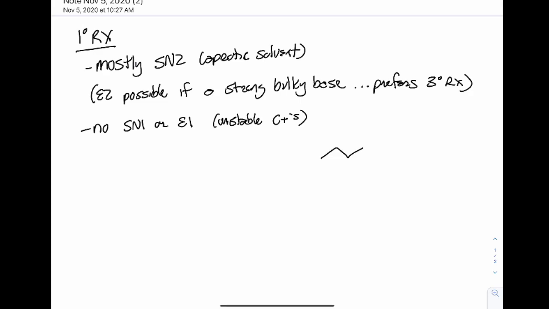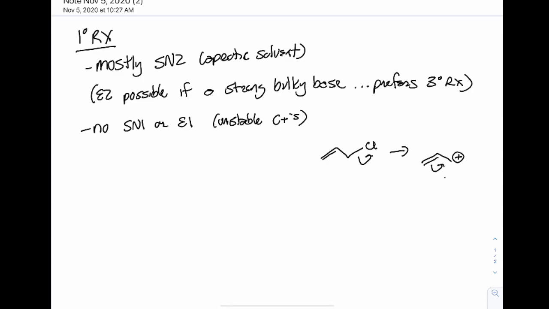Things that are allylic look like they're primary at first glance, but they're not. This carbon right here is bonded to one other carbon. It's just that that carbon happens to have a pi bond. So if this leaving group was to leave via an SN1 or an E1 mechanism, I do end up with this. It's just that that's not primary.